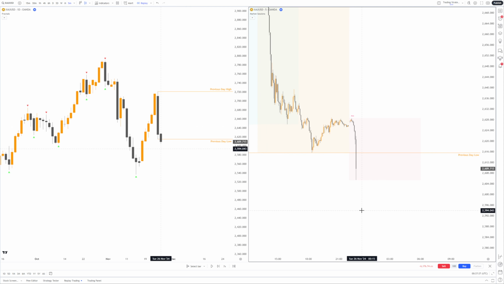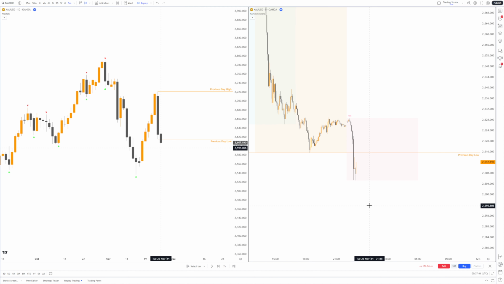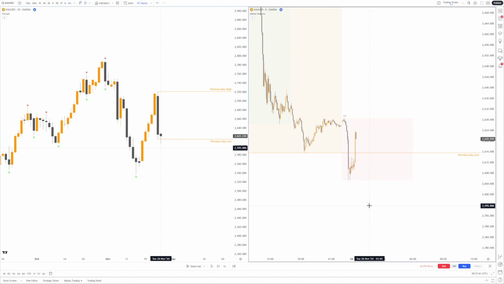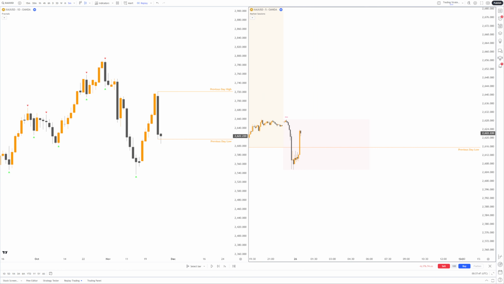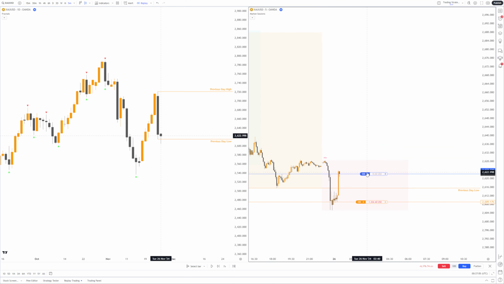Okay. Broke underneath. Can we break back up? Okay, we broke back up now. So we take the trade. Because such a big candle, I'm going to be placing the stop loss just below the previous one there. And then I'm going to go for a 3, 2, 1.